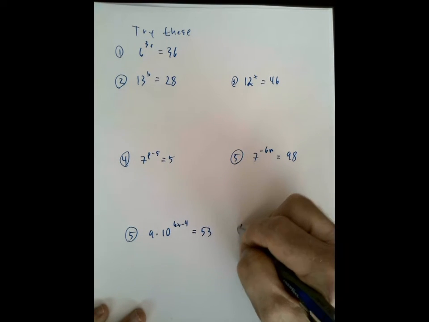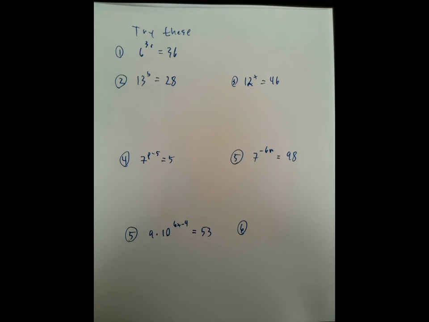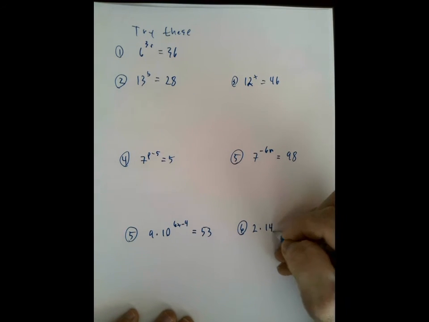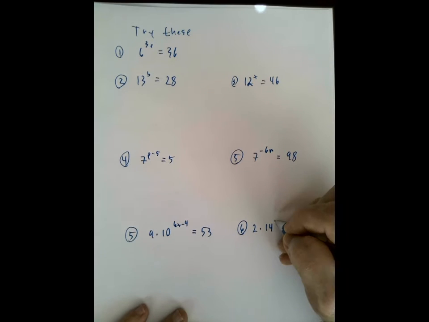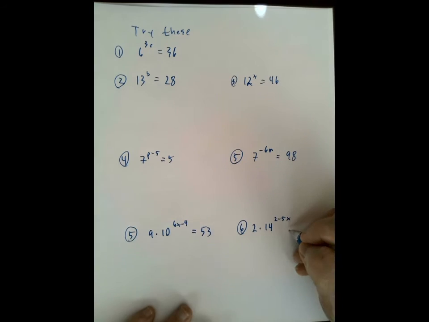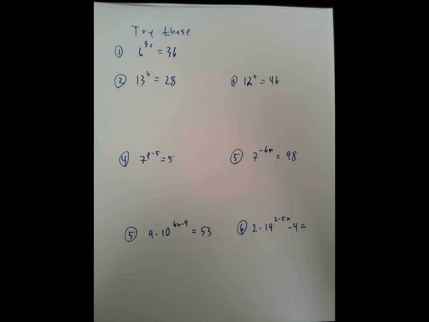And then number 6 is going to be 2 to the 2 times 14 to the 2 minus 5x minus 4 is equal to 22.